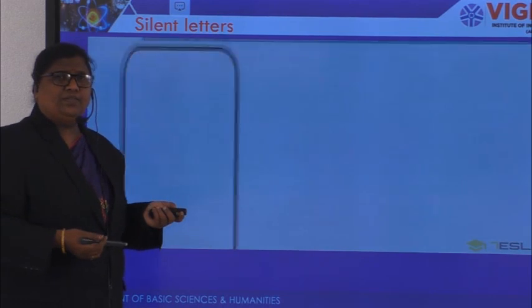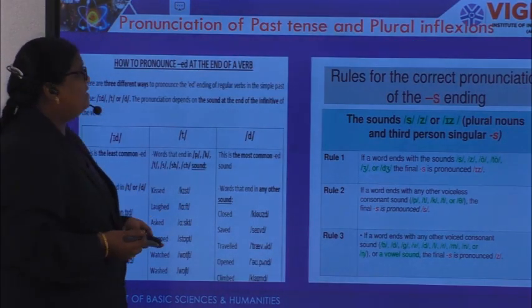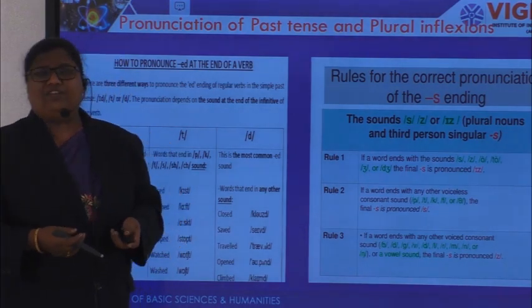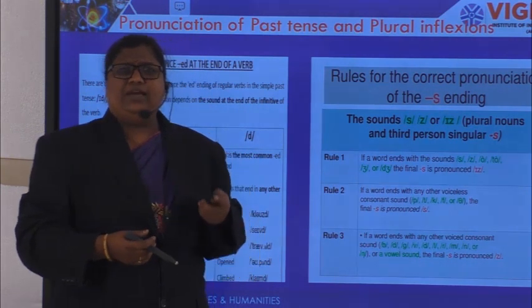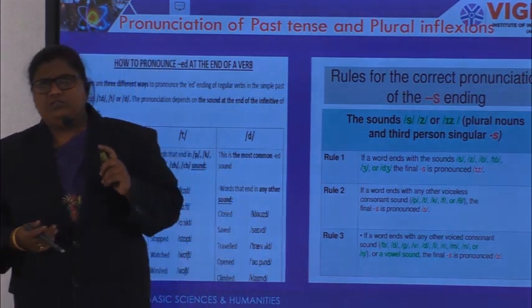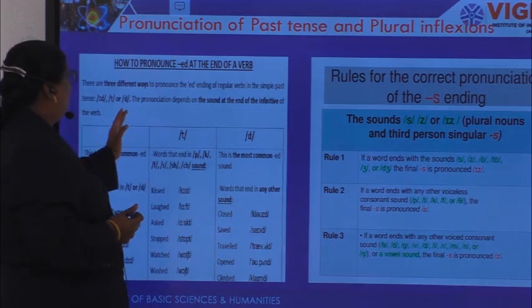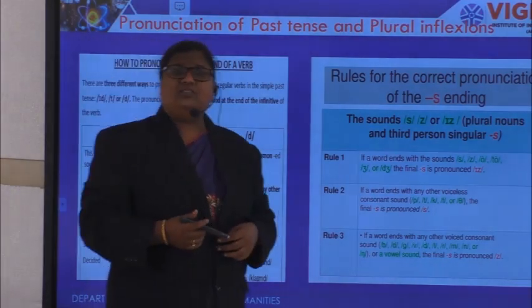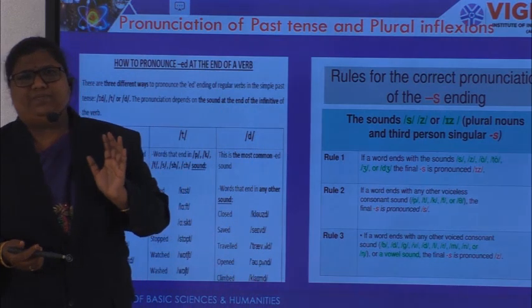Alright, so now pronunciation of past tense and plural inflections. So what is past tense inflection and what is plural inflection? So there are three letters or sounds which we write. In order to go for plural inflection and past tense inflections, inflection is nothing but the word endings.